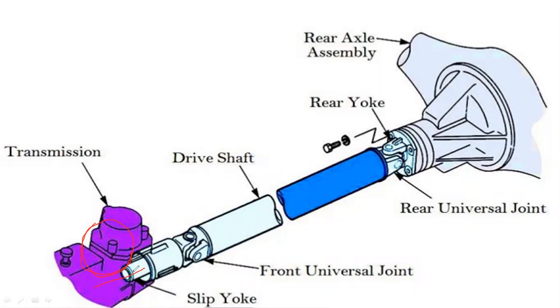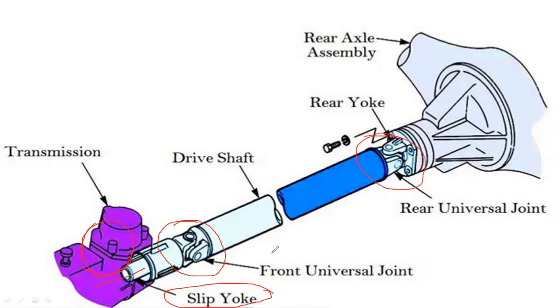A slip yoke is placed on the engine connecting shaft, and we place a universal joint on it. By using this universal joint, it is connected to the propeller shaft, and the other end of the propeller shaft is connected to the same kind of yoke of the universal joint.